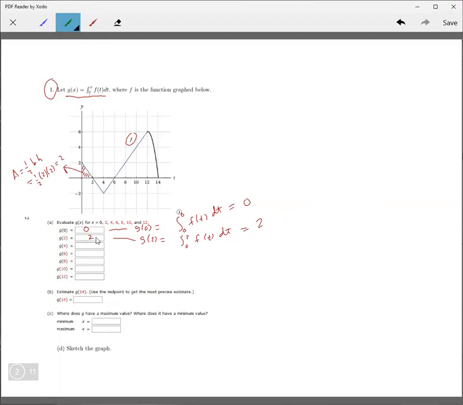Now the third one, g of 4. That's going to be the integral from 0 to 4 of f of t dt. So you have this area here, and you also have this area here, but this is under the axis. I guess we can label these areas: that one is 1, this is 2, that one is 3, and then 4, 5, 6.